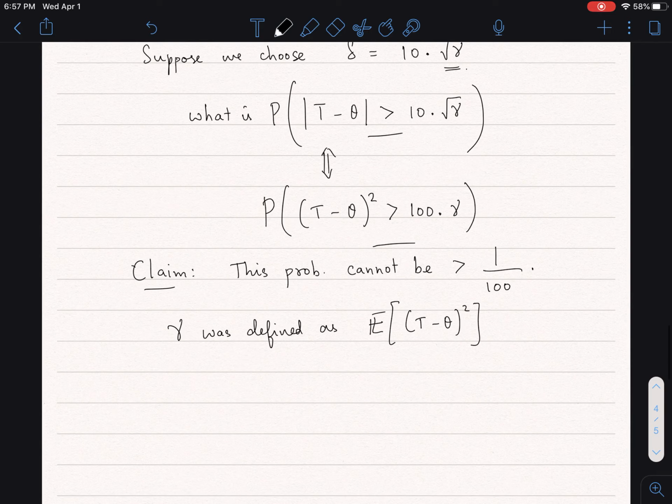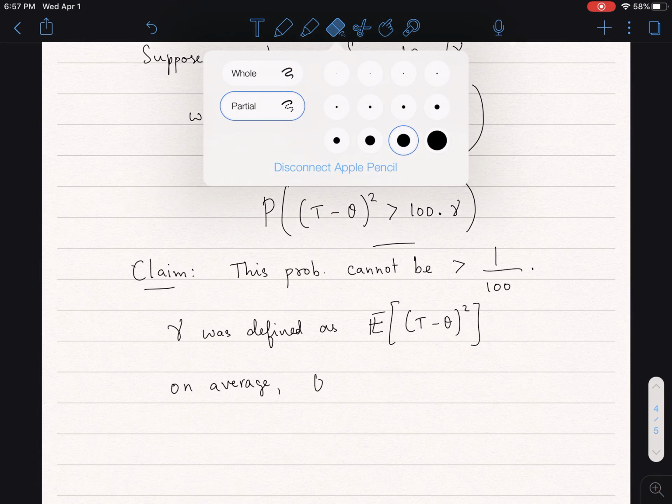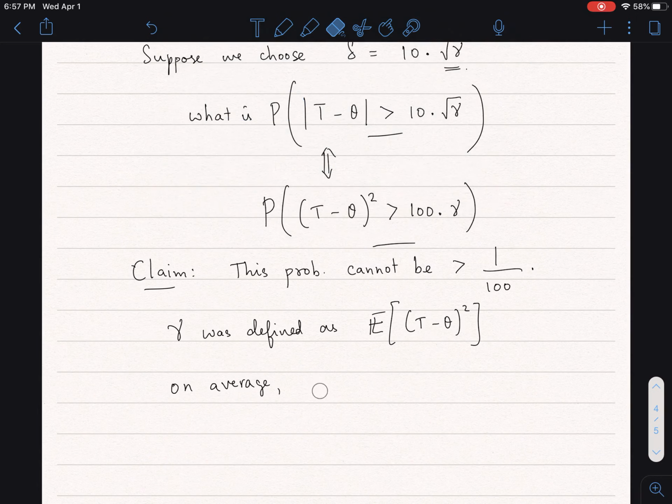So on average, t minus theta whole squared would be gamma.